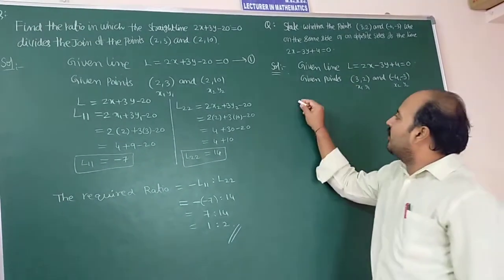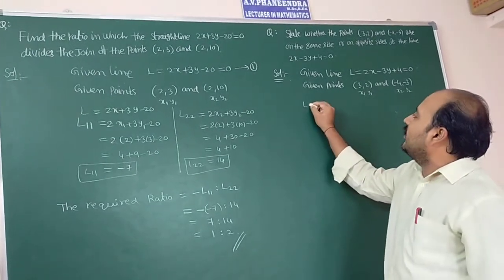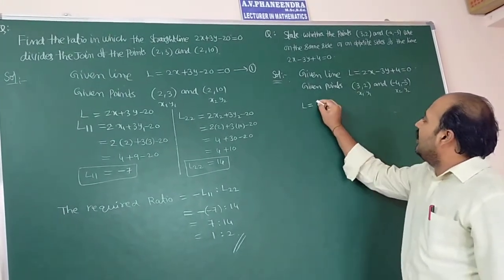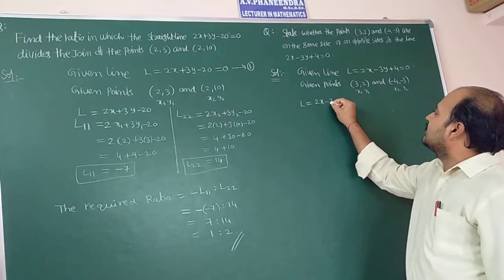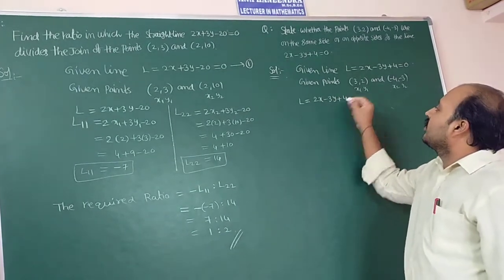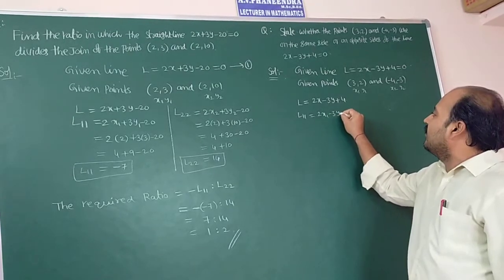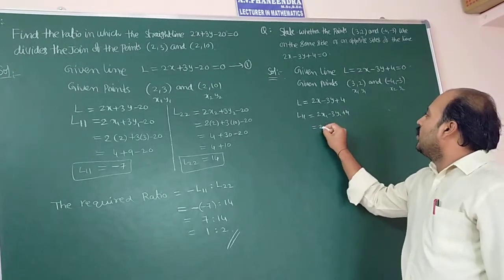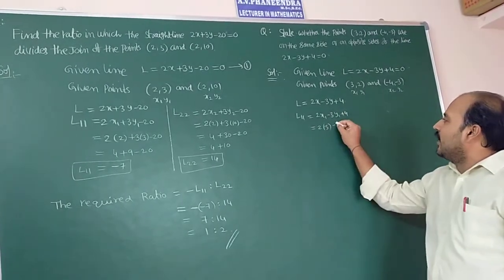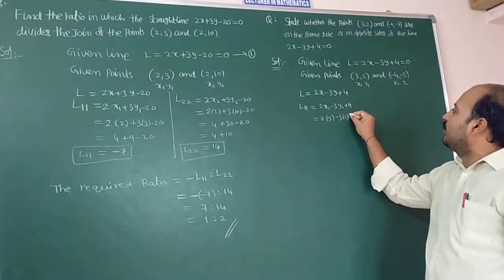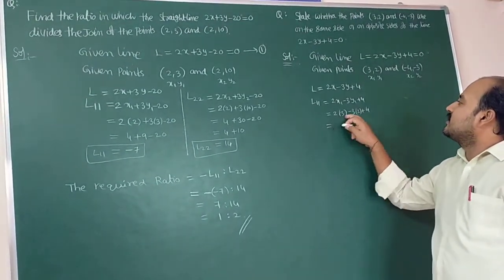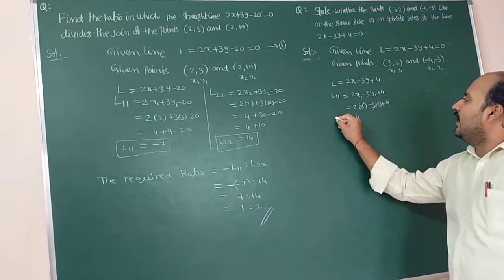Now calculate L11 and L22. Before that, L value is 2x minus 3y plus 4. Now L11 is equal to 2x1 minus 3y1 plus 4. 2 into x1 value is 3, minus 3 into y1 value is 2, plus 4. 6 minus 6 cancel, 4. L11 is 4.